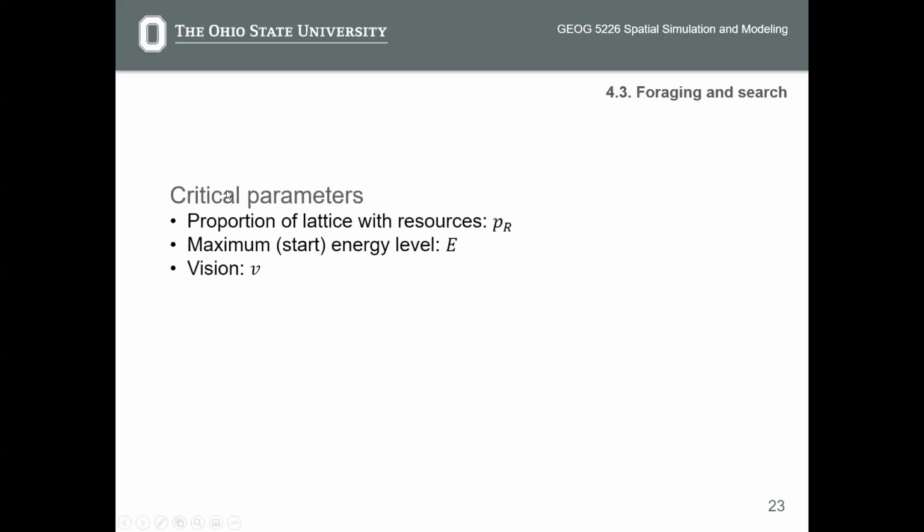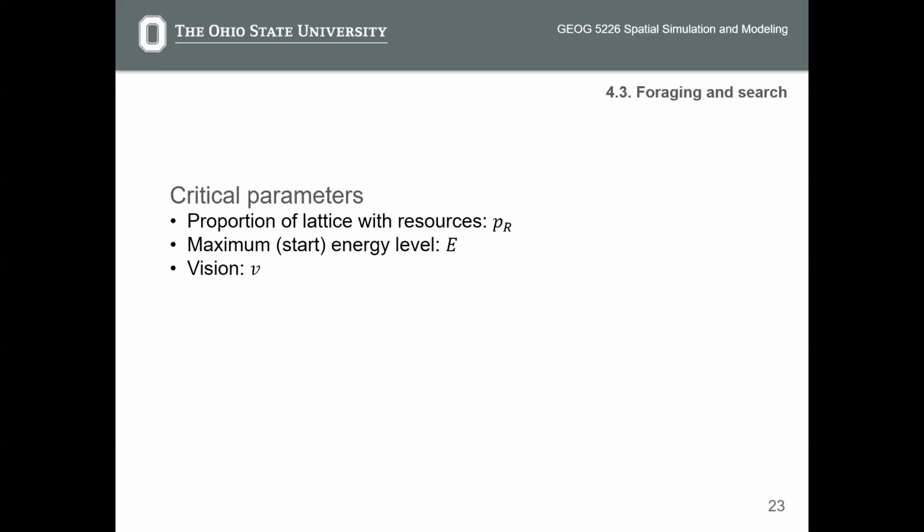Okay, and critical parameters. The first one is about the environment, the proportion of lattice with resources, PR. For example, your lattice is 9 by 9, which means there are 81 cells. And if the PR is equal to, say, 10%, it means that 10% of the 81 cells have resources.